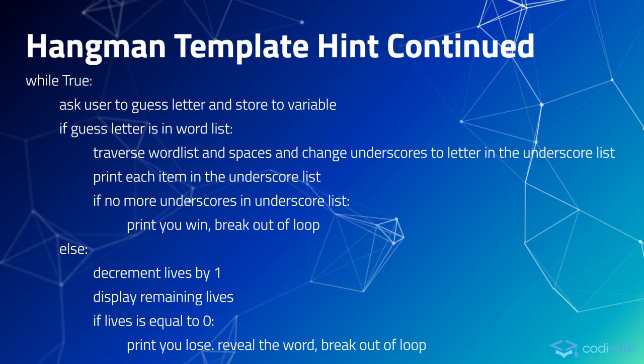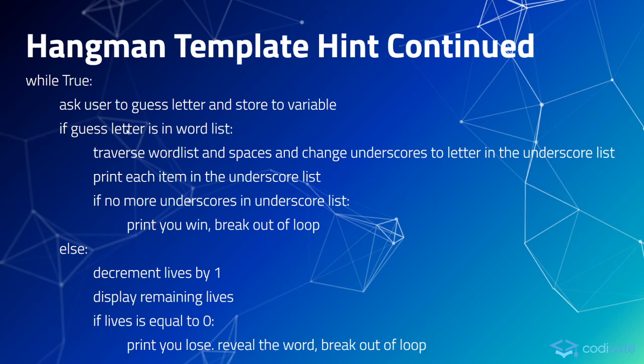Now, what we have to do is actually develop a logical format for playing the game. What we're going to do is have a while true loop. And once again, not all of this is exact code. It's just pseudocode, which is just a plan for writing code. We're going to have to continuously ask the user to guess a letter and store it to a variable.